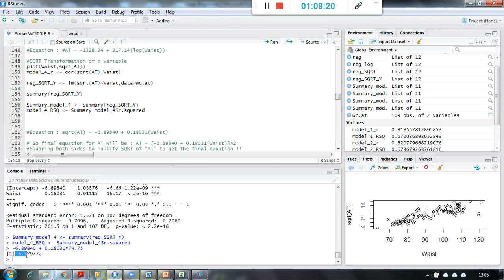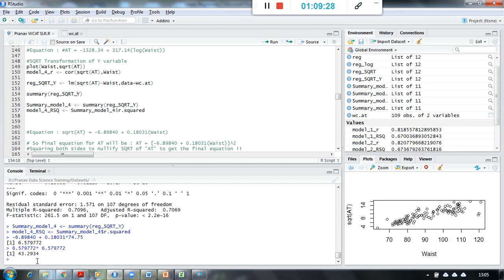So if I multiply it twice over here, then 43.29 is the value we have got, right? 43.29.